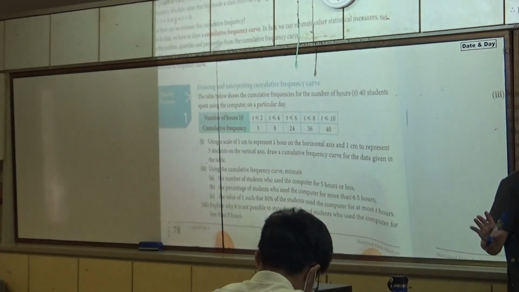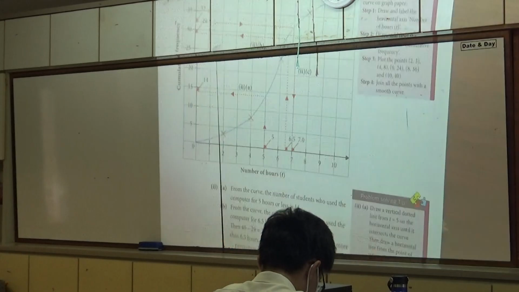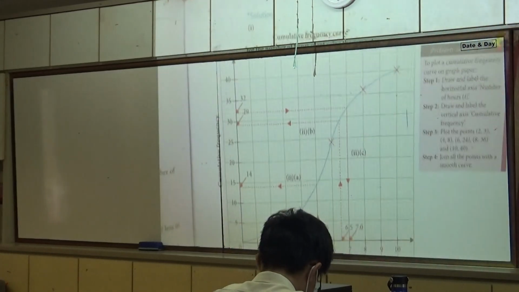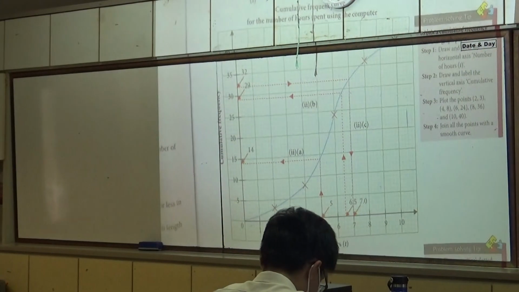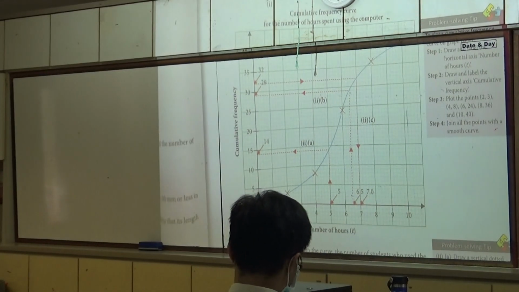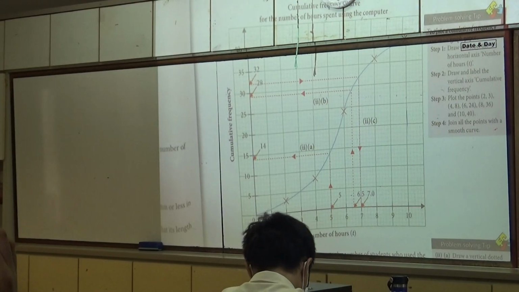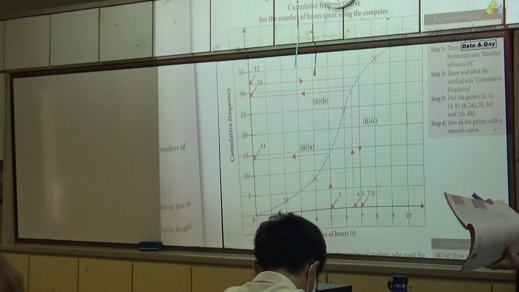I want you to look at the questions because I'm going to show the curve on the board. Can all of you look at the next page? This is the curve that you see on page 79. Am I right? Okay, can all of us look at the question?